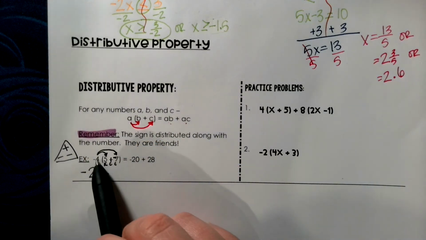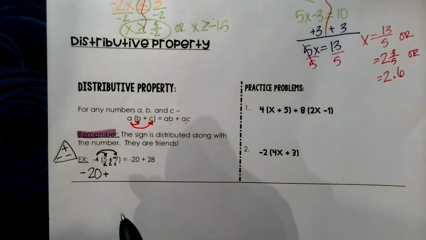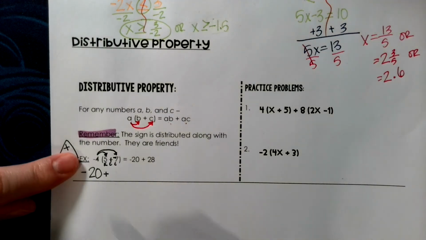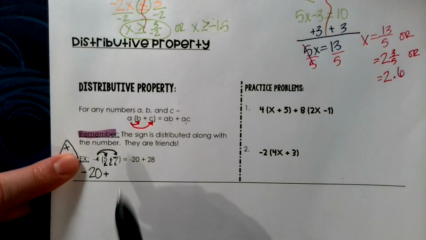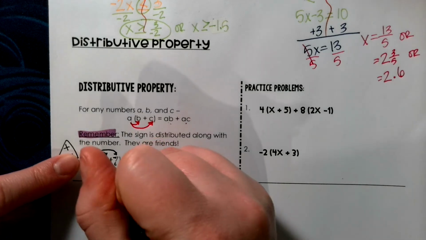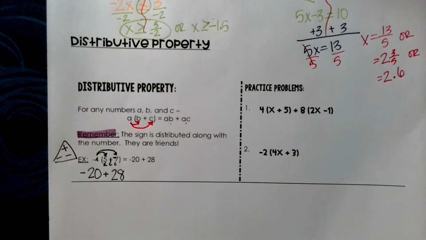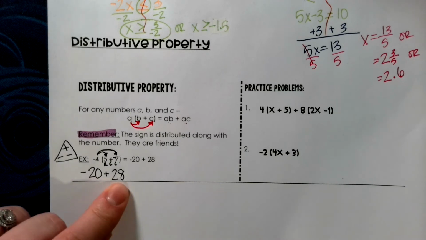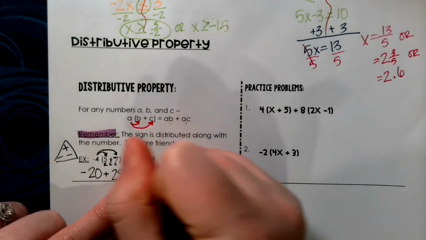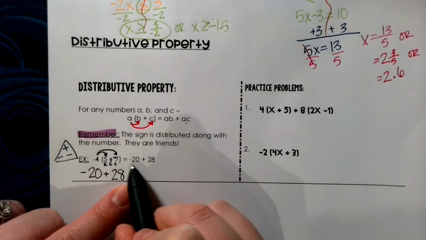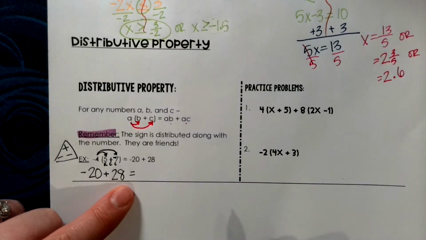So -20 plus, and then -4 times the -7. Negative times negative is going to give me a positive number. It's going to give me positive 28. So -20 plus 28 is equal to exactly what you see there.